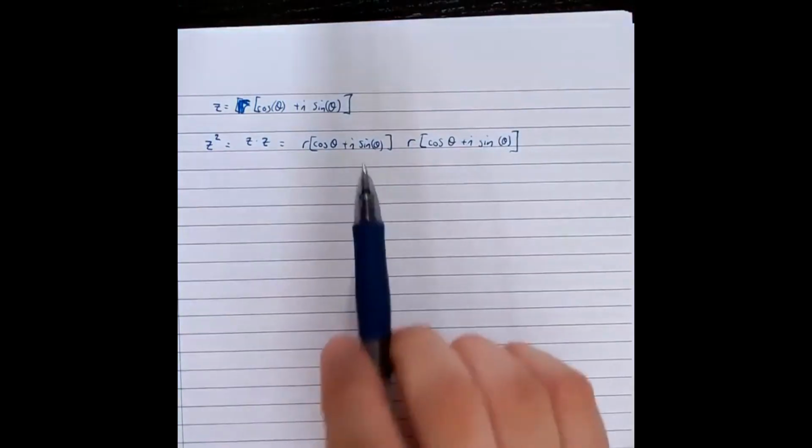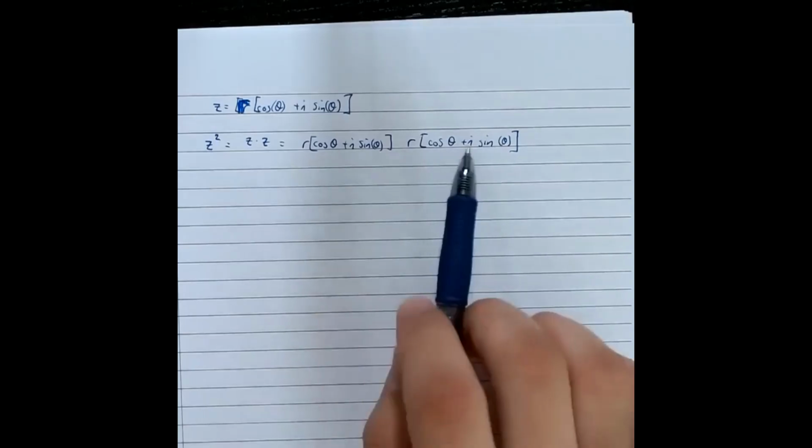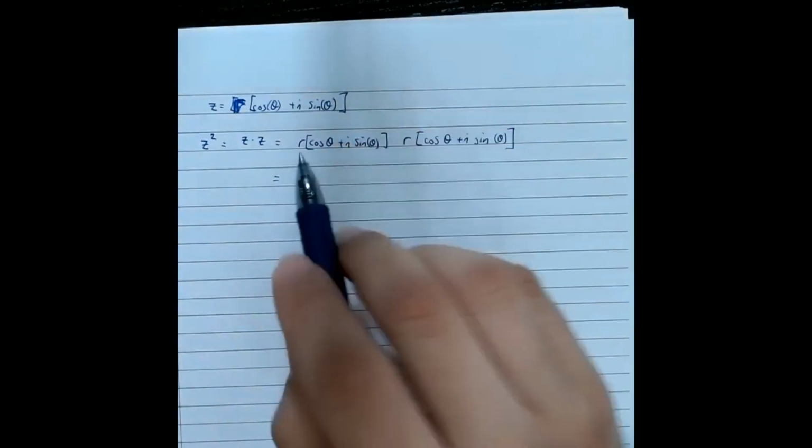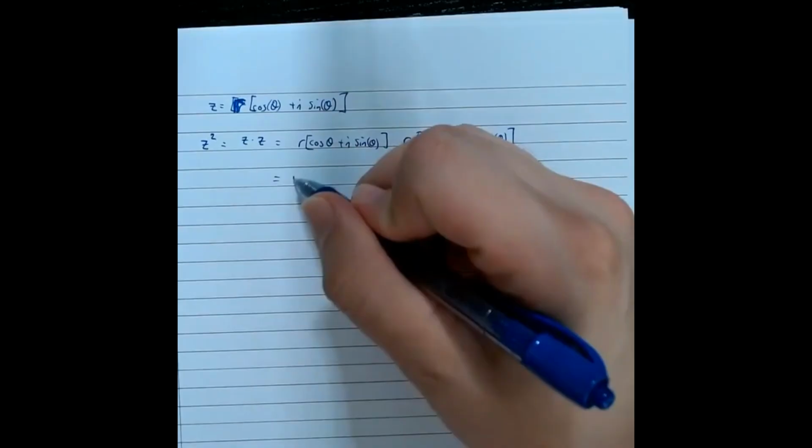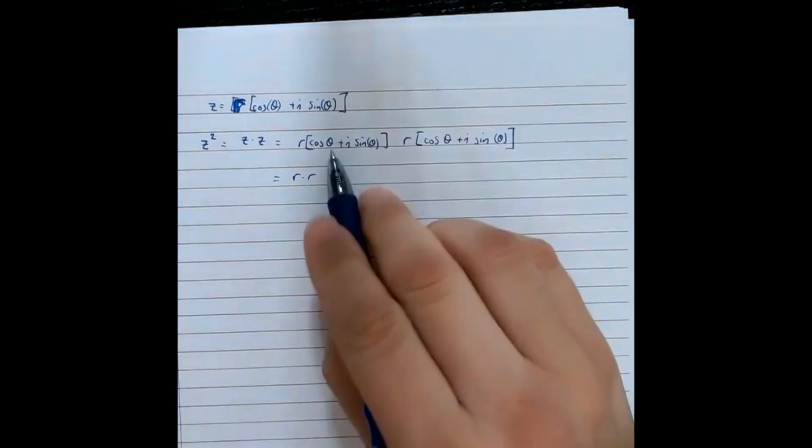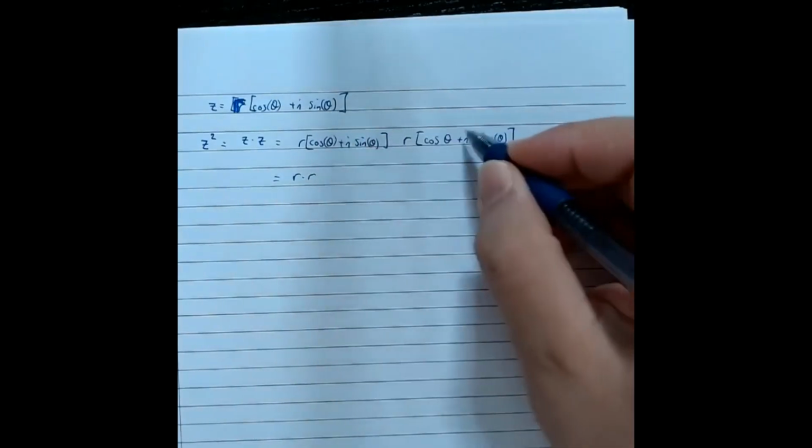But as we've seen in a previous section, if you're multiplying two complex numbers in polar form, that's accomplished by multiplying their moduli together and by adding their arguments together.